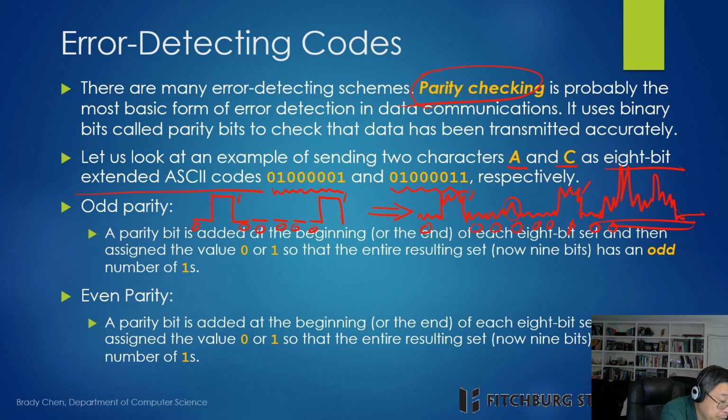If you want to transmit data like character A, so it's 0, 1, 0, 0, 0, 0, 0, 1. Now you don't know whether the receiving side is going to receive the same sequence. So what you need to do is add an additional bit. It's called a parity bit.